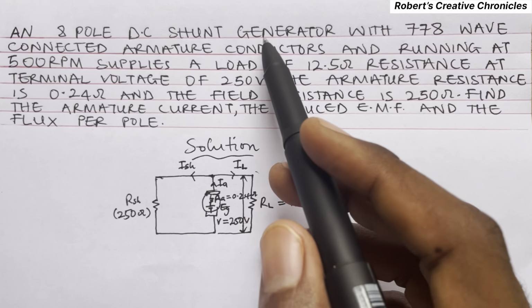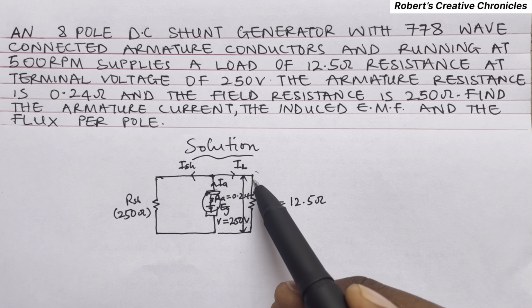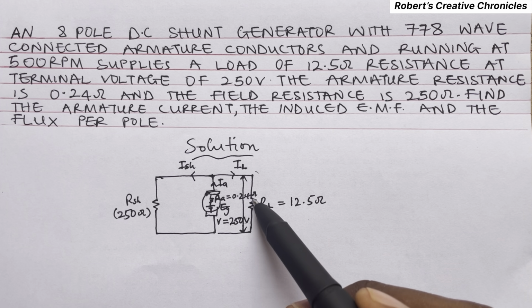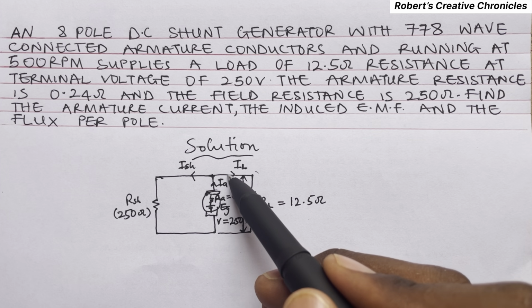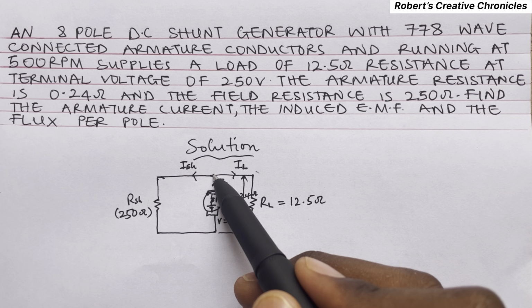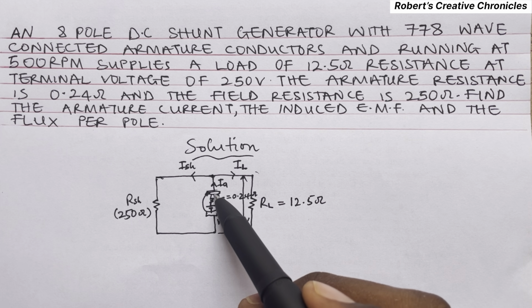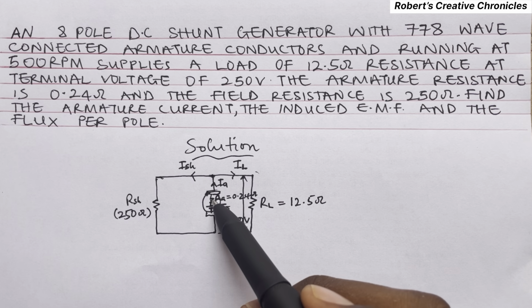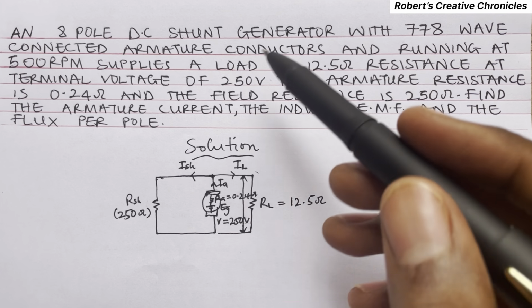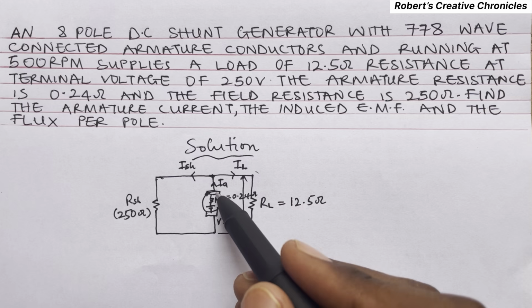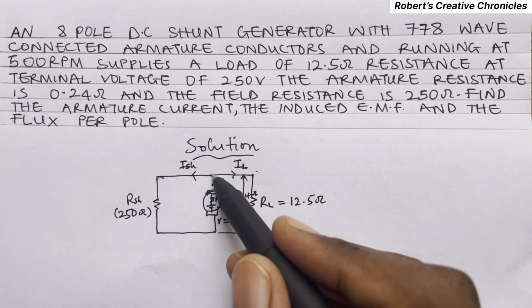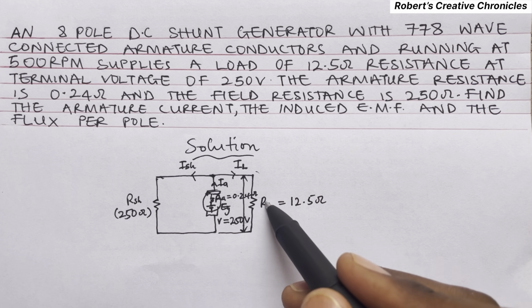If it were a DC shunt motor, the current would be reversed. It will start from the load, and when it comes to this point, it will split and enter this shunt and this armature. But in a generator, the current flows from the armature to this point, then it splits.